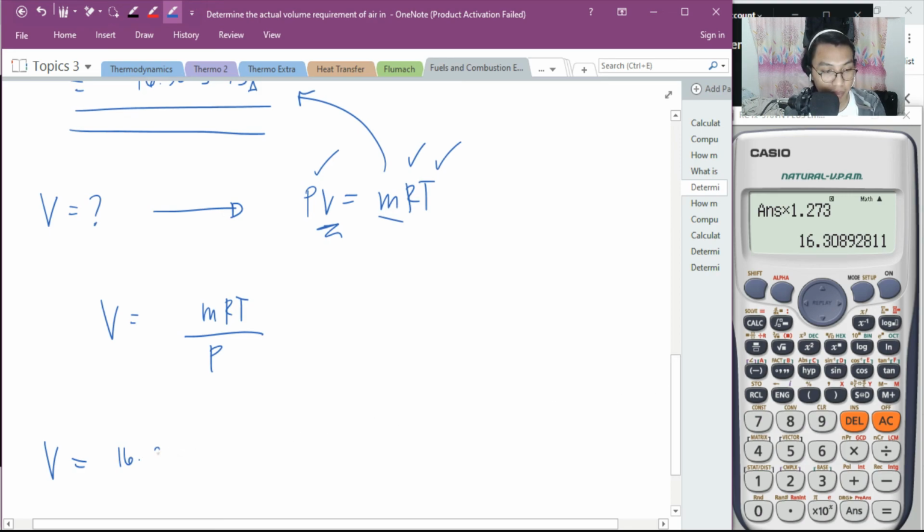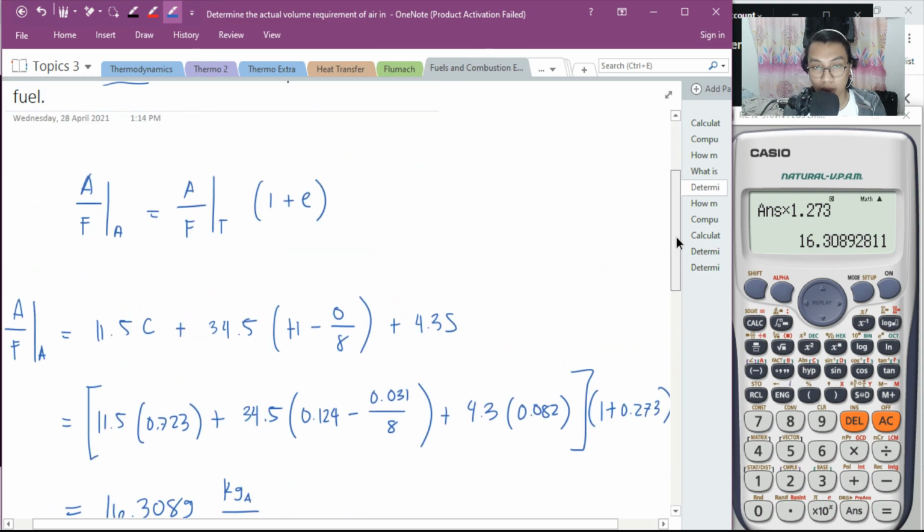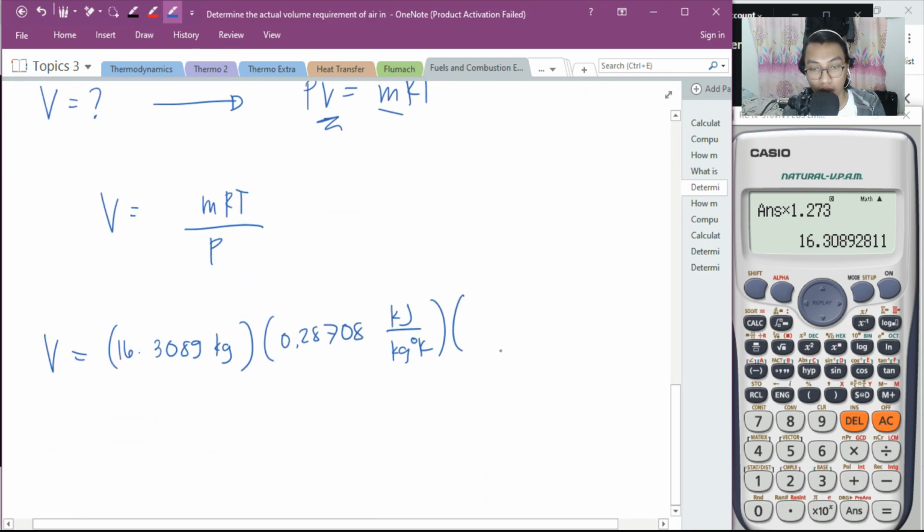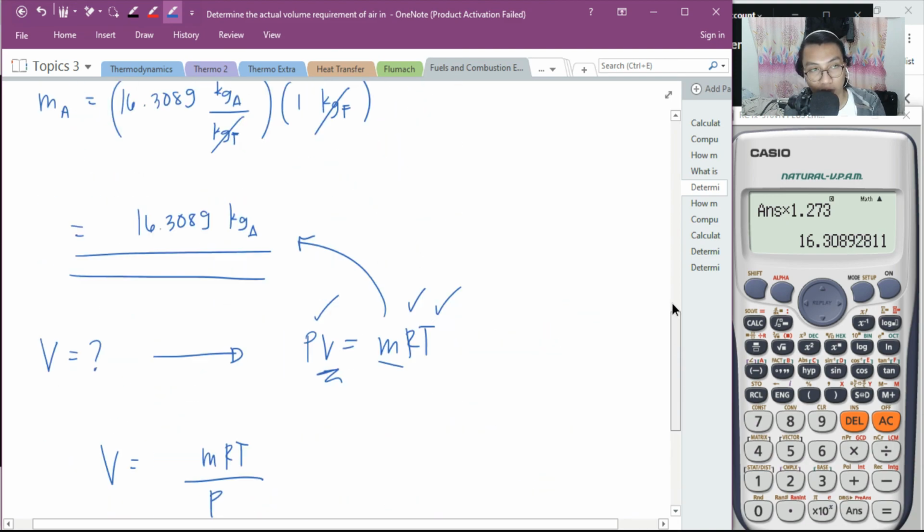So, the volume requirement of air is 16.3089 kilogram. And then, ang R ng air is 0.28708 kilojoule in every kilogram degree Kelvin. Temperature, that is 27.3 plus 273 degree Kelvin divided by the pressure, that is atmospheric, nakalagay dyan.